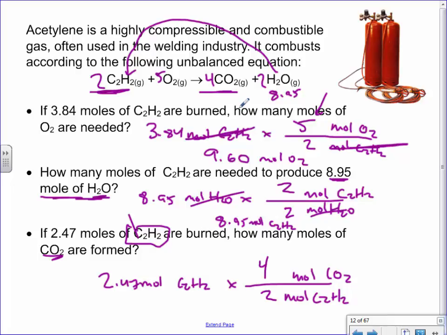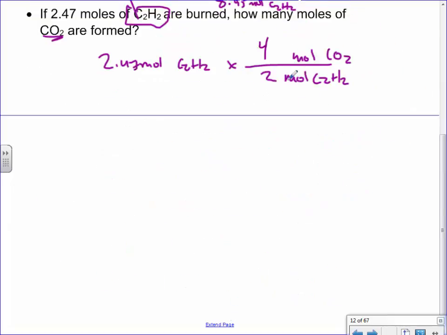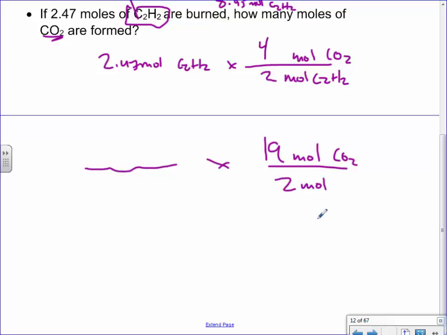This actually is now becoming more impactful. Before I finish this answer off, let's say that I started with the exact same amount and it gave you 19 moles of carbon dioxide for every 2 moles of fuel. Do you see that would be even worse? Because some fuels give off even more carbon dioxide based on this relationship here. So it's actually good that this one's only 4 for every 2.